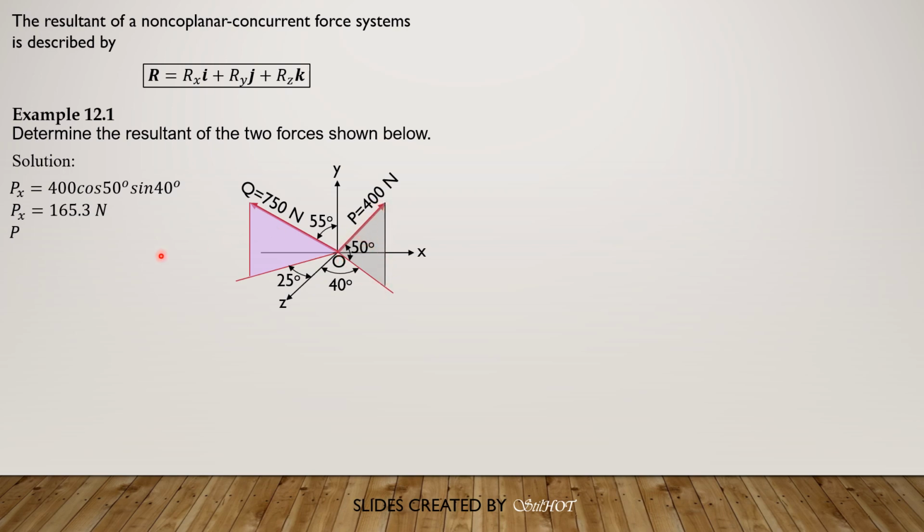Next, for Py, it is simply the vertical leg of this right triangle. So it is 400 sine of 50. By the way, Py is 306.4.